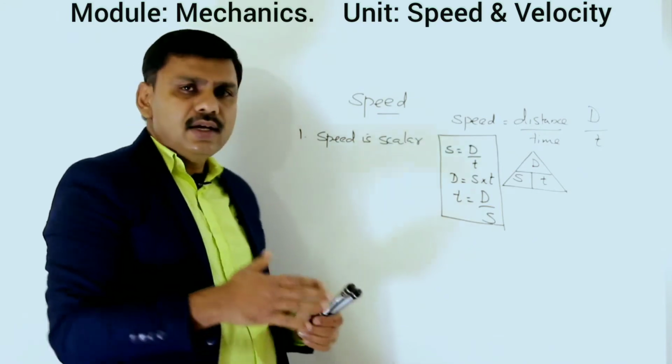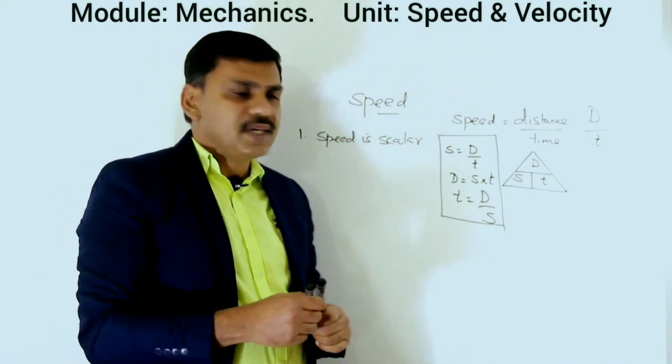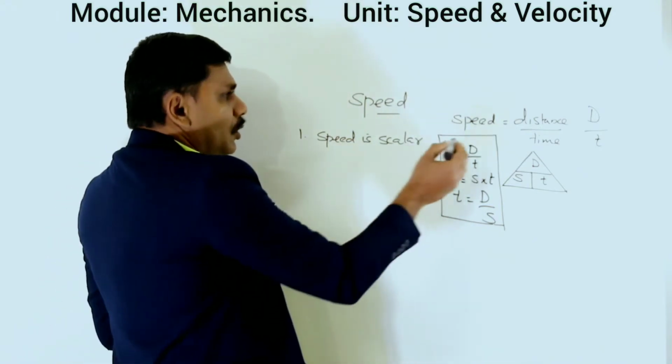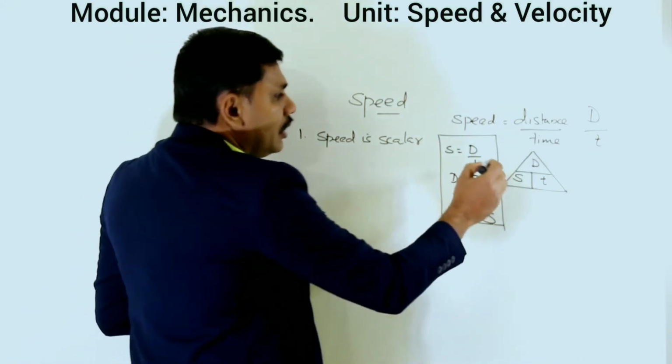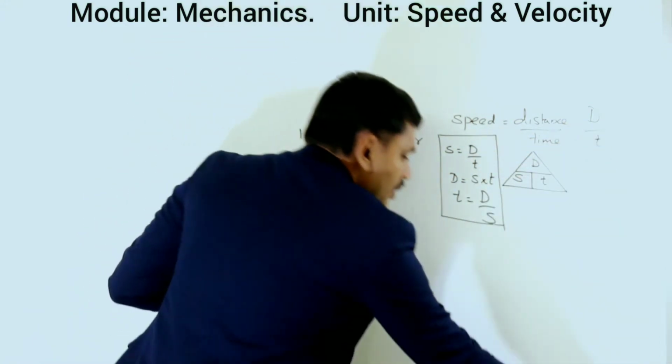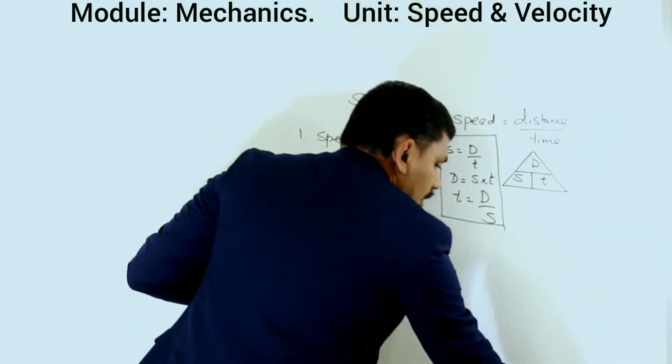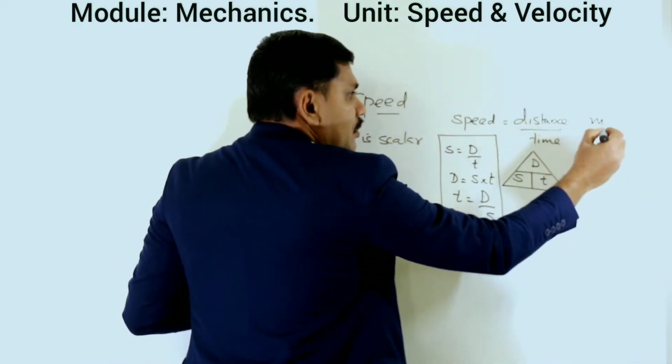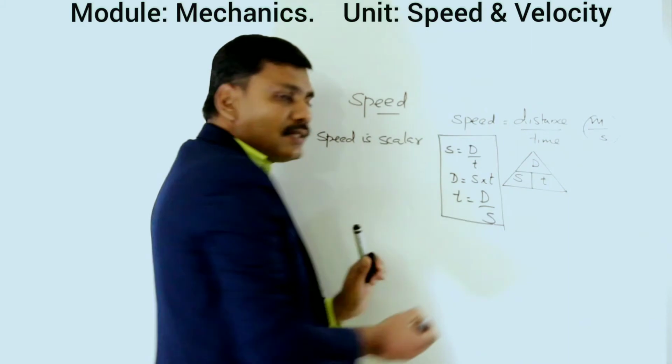Then what is the normal unit for measuring speed? You know that distance is measured in meter and time in seconds. So it will be meter divided by second.